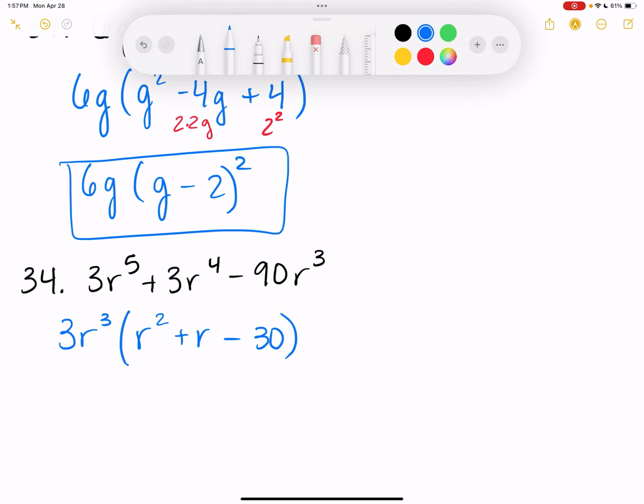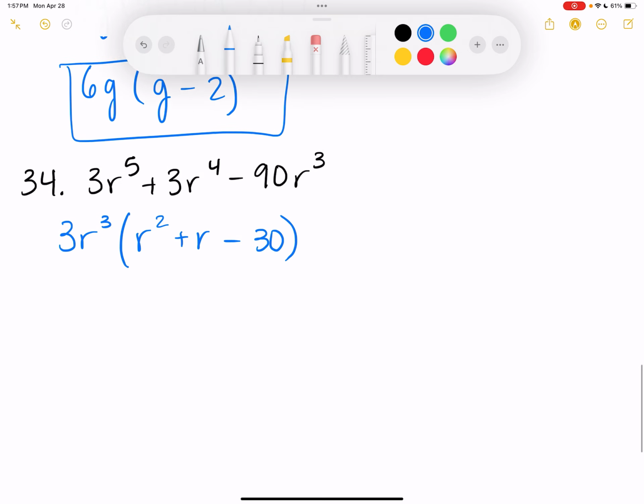Now, can I factor this any farther? No? Remember, just because it's not a special type doesn't mean that it's not factorable. I need factors of negative 30 that add up to equal 1.